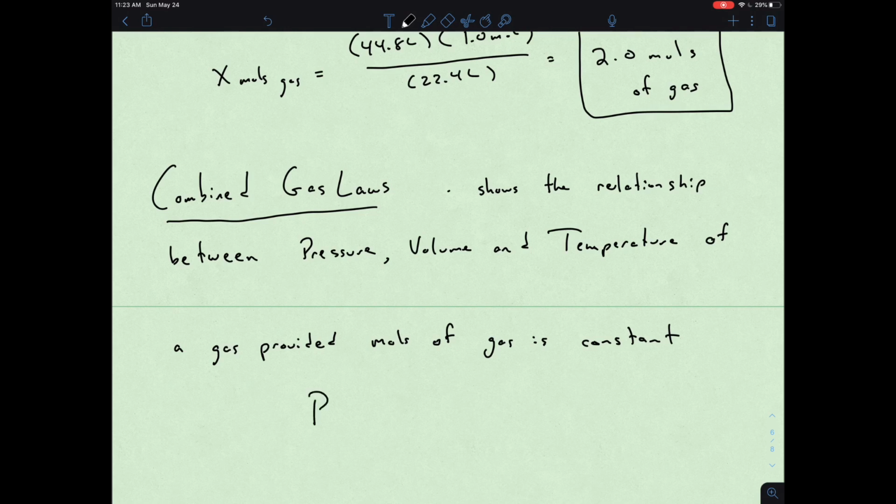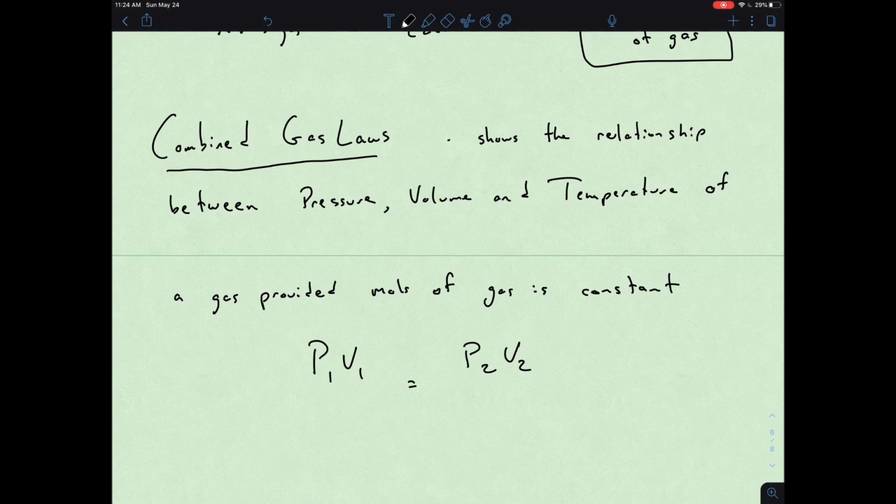Like we have this notion of P1V1 equals P2V2, right? That was Boyle's law. And then if we wanted to bring in Charles's law, there was V1 over T1 is equal to V2 over T2.